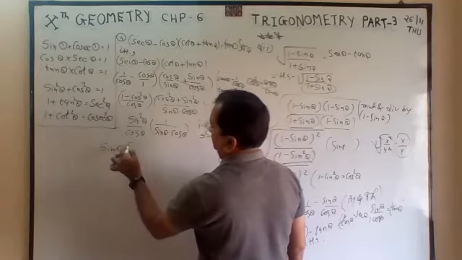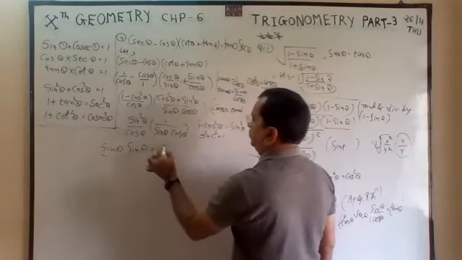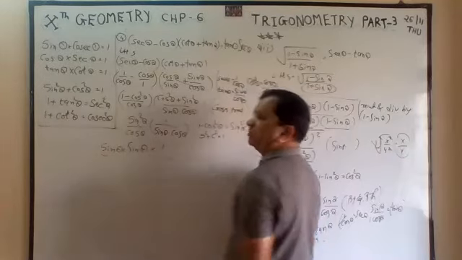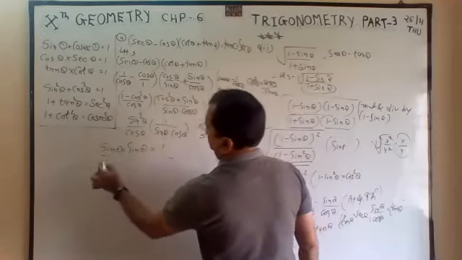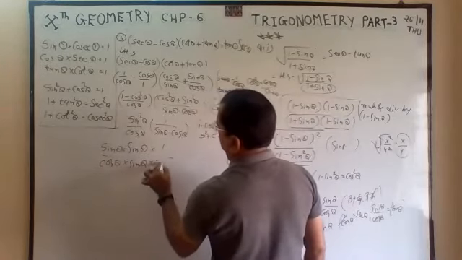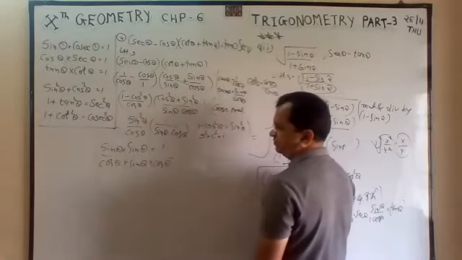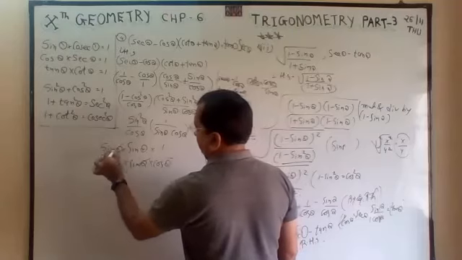Sin theta into 1. Sin square means sin into sin. 1, cos, sin, cos theta, sin theta, cos theta. So sin by sin cancels.